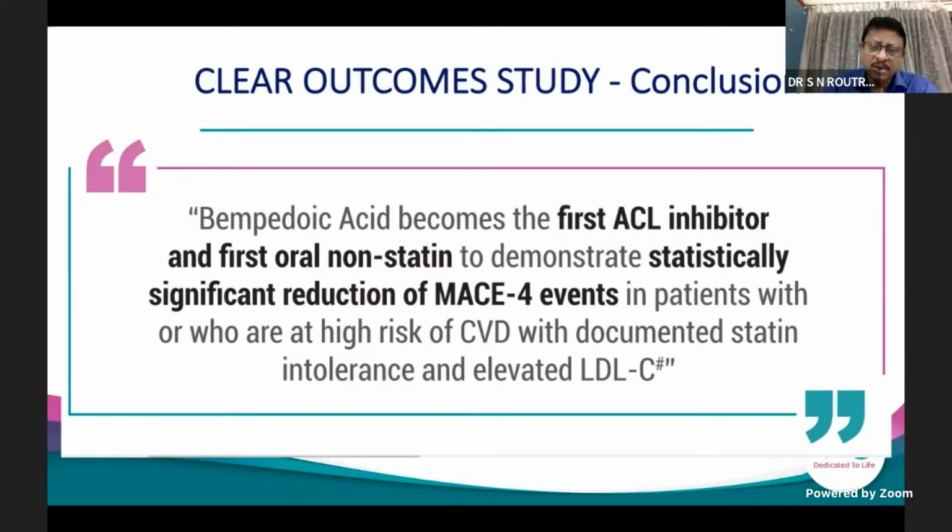Bempedoic acid became the first ACL inhibitor and the first oral non-statin to demonstrate a statistically significant reduction in 4-point MACE in patients at high risk of cardiovascular disease with documented statin intolerance and elevated LDL cholesterol. In this trial, both primary and secondary intervention groups were included, and it was found to be beneficial.